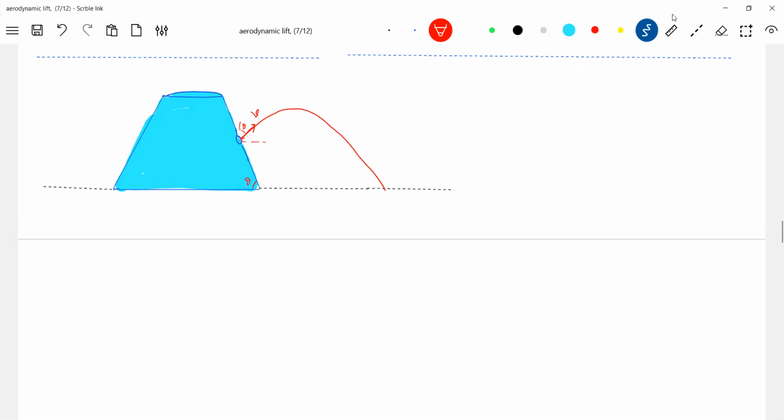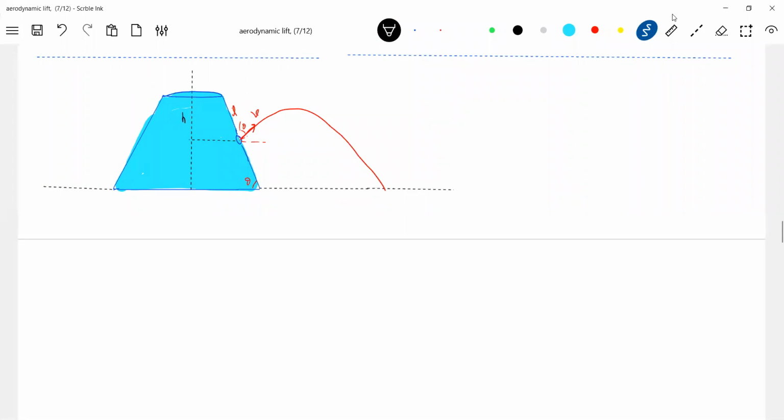Theta. So I'll call this length L. The hole is at a length L. So we know theta. Can we calculate the depth at which the hole is made? So what is the depth here? So depth, this should be h, no?